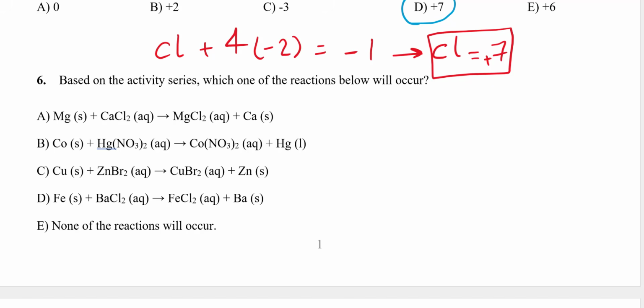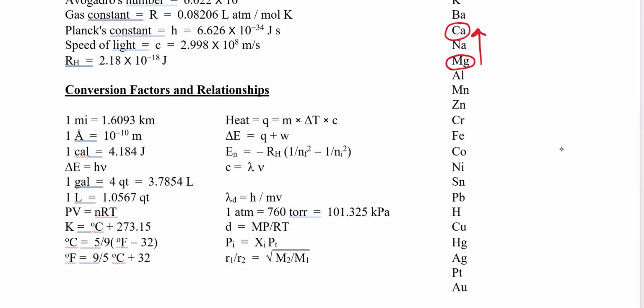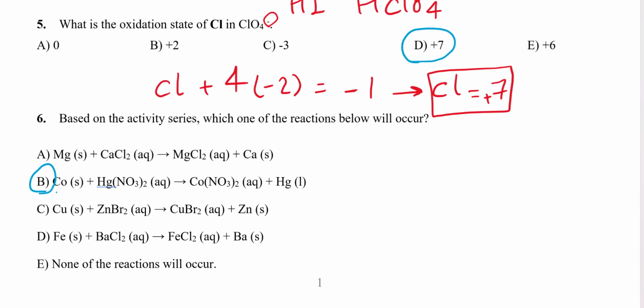For B, we have cobalt and it forms mercury. So cobalt converts to mercury. Let's see if cobalt or mercury is higher. Here is cobalt and here is mercury. So cobalt can reduce mercury ions to mercury. So B should be the answer. But we can also double check the rest of them.